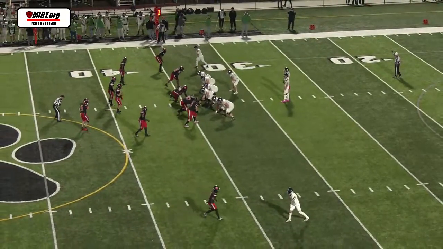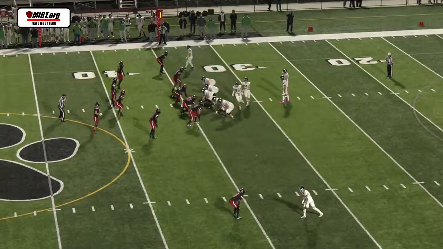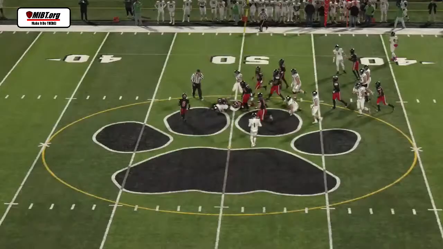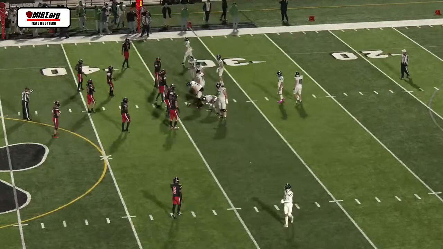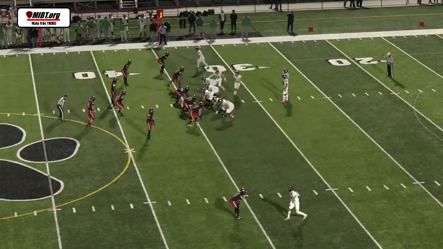All right, now, here we go. They've been running the same formation the whole game. They're shifting. So now this is another thing that's interesting. This is where I think people might get confused with that new rule we talked about earlier. All right, let's go. 4:15, 4:10.